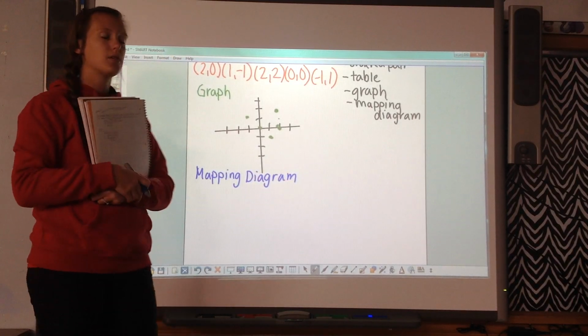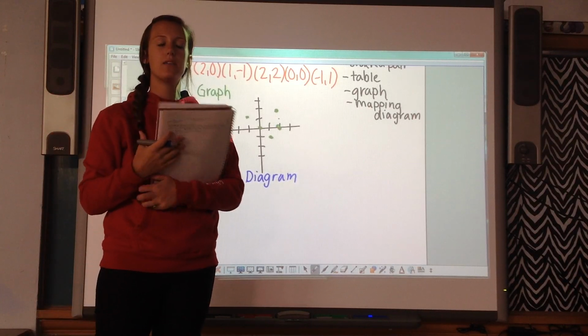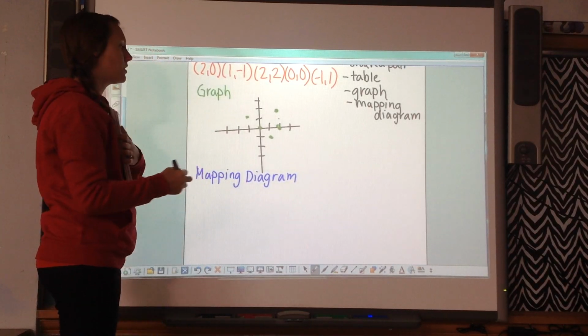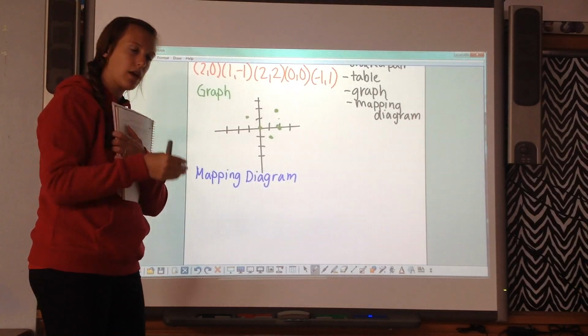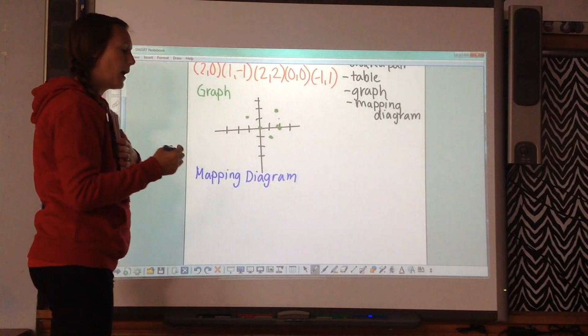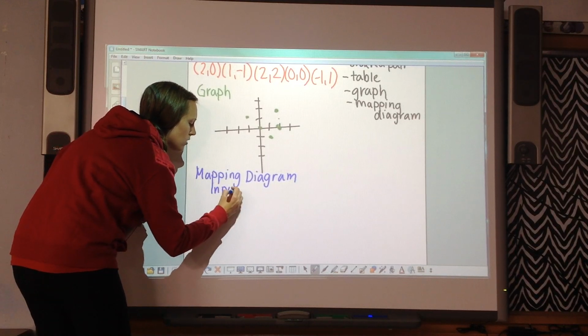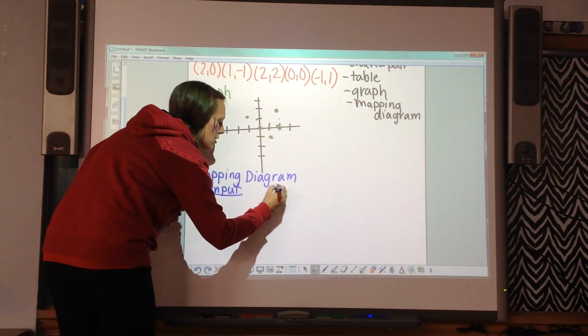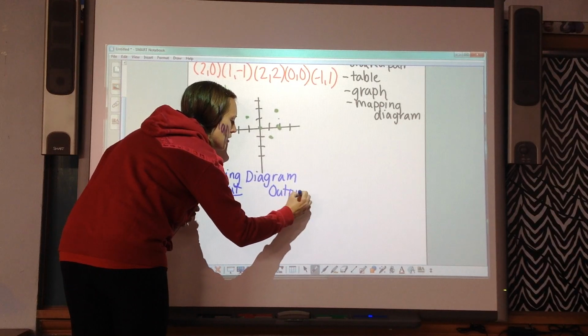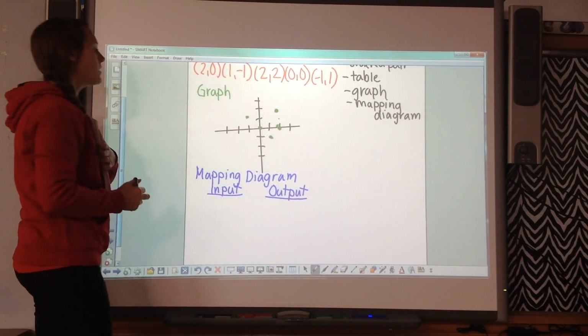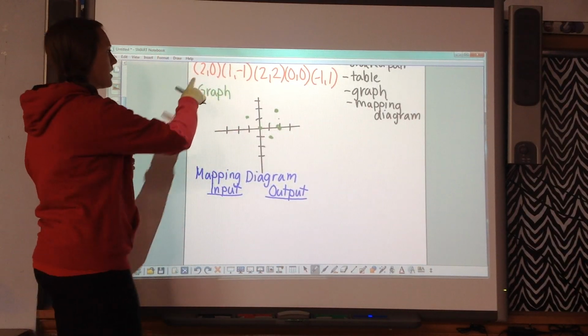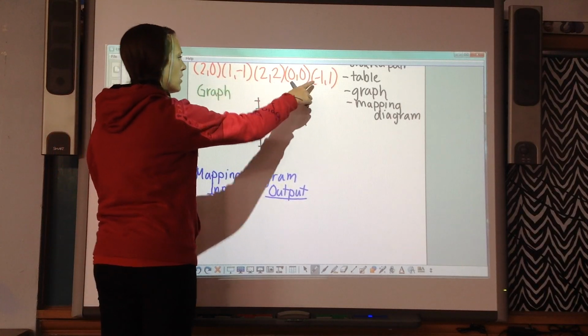You have the domains listed on one side and the ranges listed on the other. You can use domain and range, or you can use input and output. I'm going to use input and output. Okay, so the different inputs, or the different domains that I have are 2, 1, 0, and negative 1.